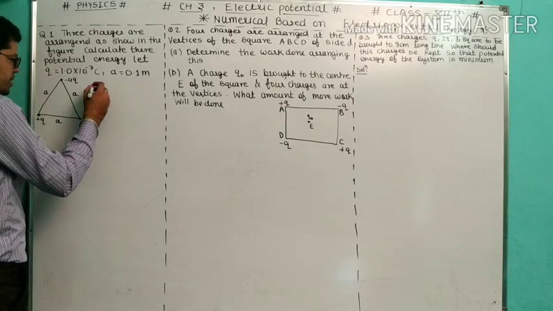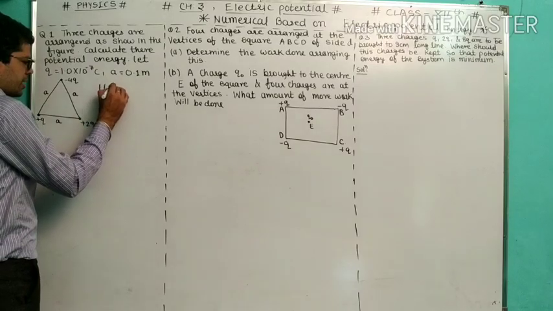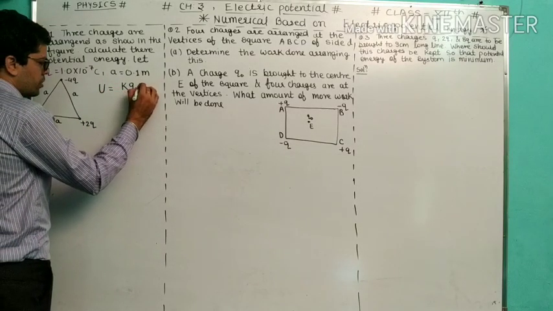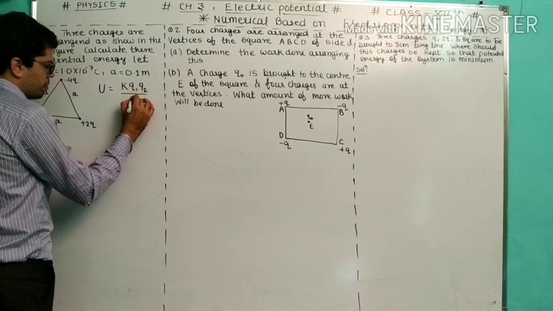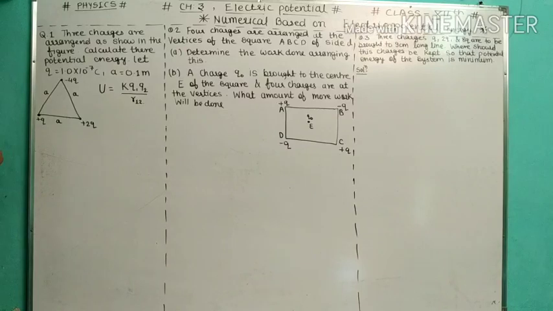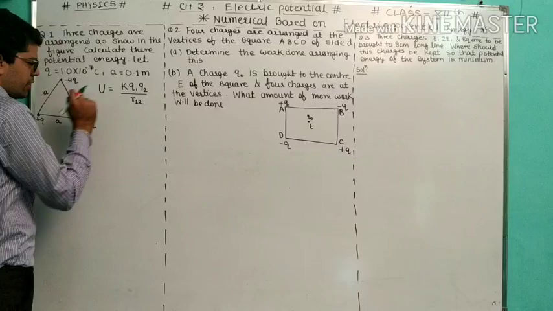As you know, the basic formula of electric potential energy is K Q1 Q2 upon R12. As we studied in the derivation of electric potential energy due to a system of charges, when we have one charge, the work done is 0 because the second charge value is 0.